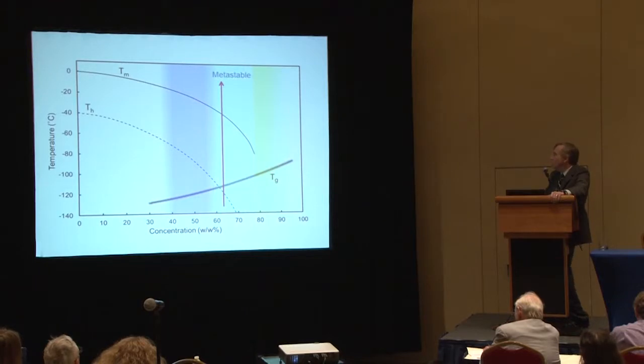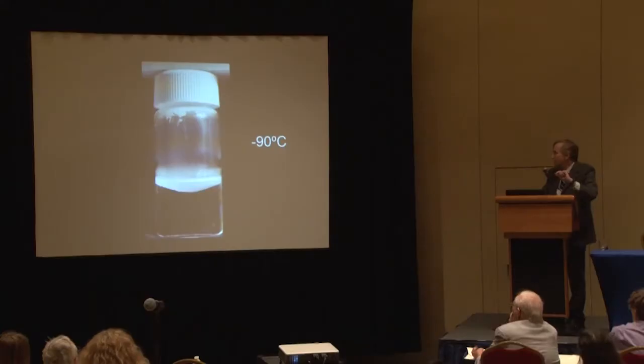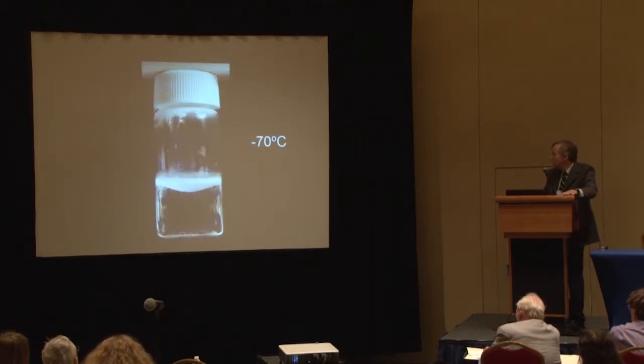If we're rewarming in the metastable region of the phase diagram, and we have heterogeneously nucleated ice present, devitrification looks something like this in the laboratory. This is a relatively concentrated solution of ethylene glycol that we're rewarming from vitrification at a temperature of minus 90. And as we keep warming, you can see a whole bunch of discrete little ice balls forming in it.